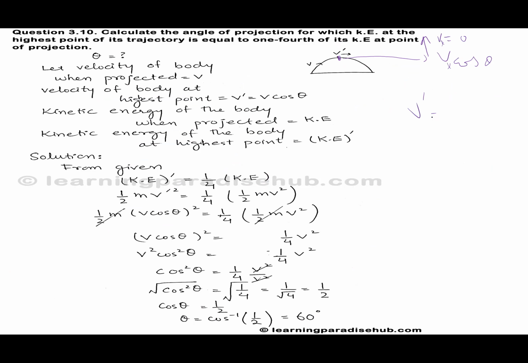So v prime is equal to vy vertical component plus vx horizontal component. So vx is v cos theta, only v cos theta. Let's say v cos theta. And there, the velocity has vertical component as well as horizontal component. So 1 by 4, you will take the whole kinetic energy.